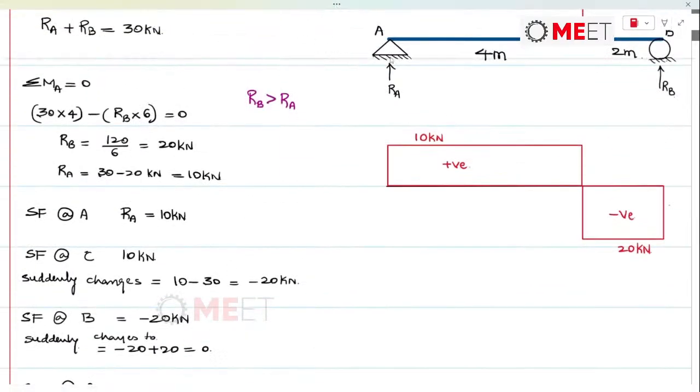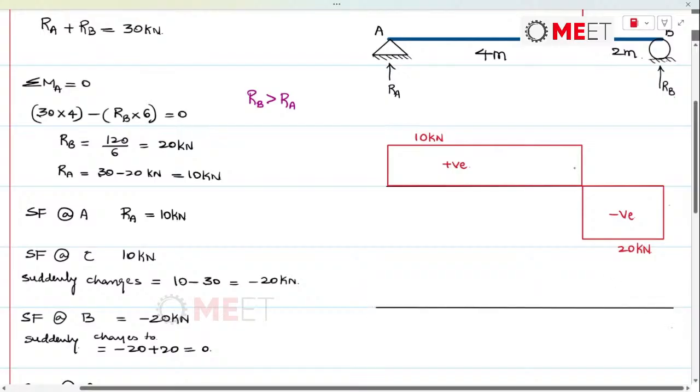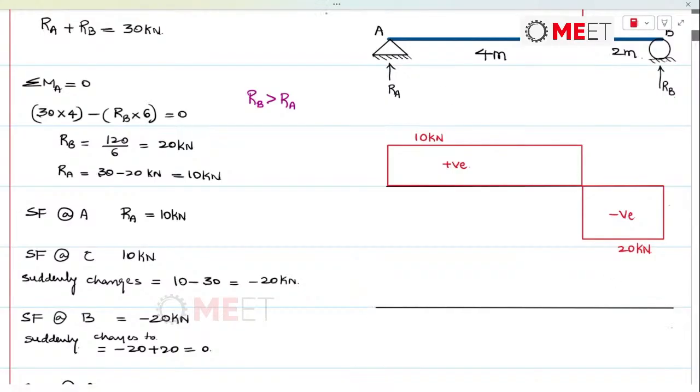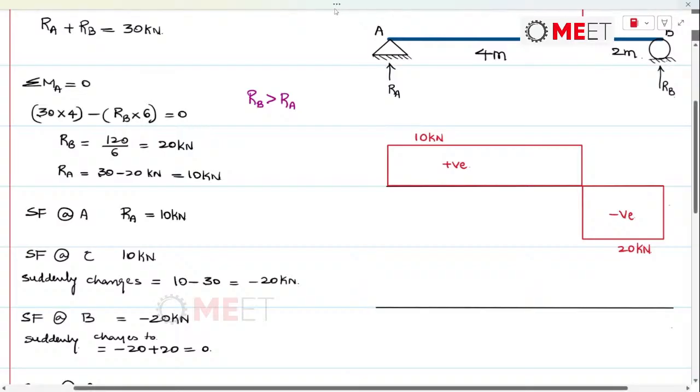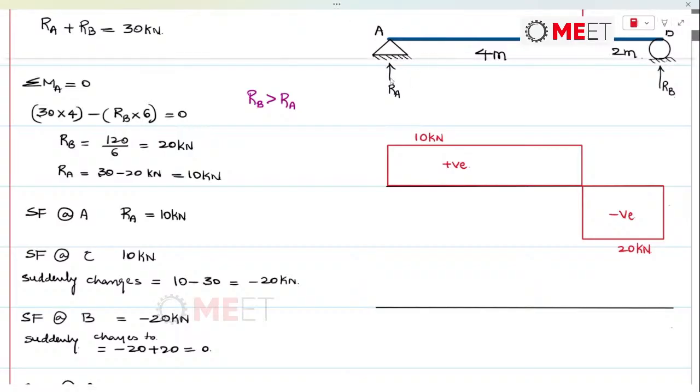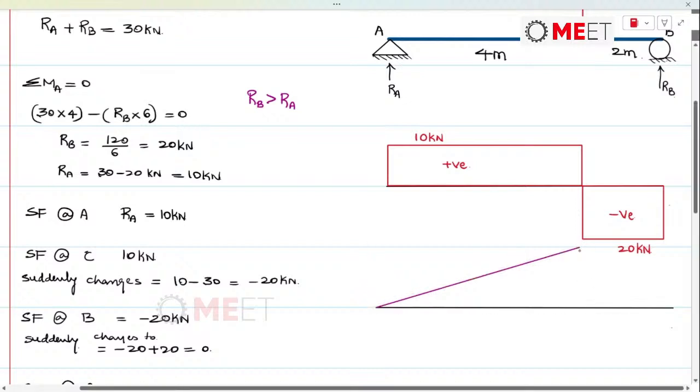If we draw the bending moment diagram, at A and B it will be 0, and it will take the maximum value at a location where shear force is either becoming 0 or is going to experience a transition or change in sign.